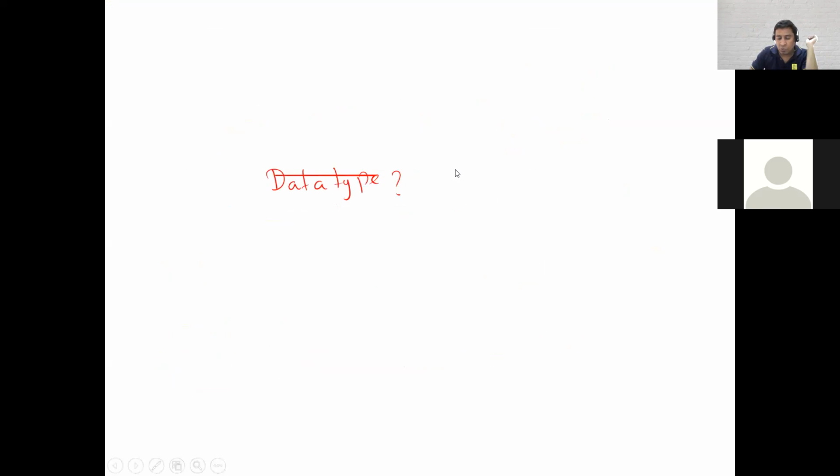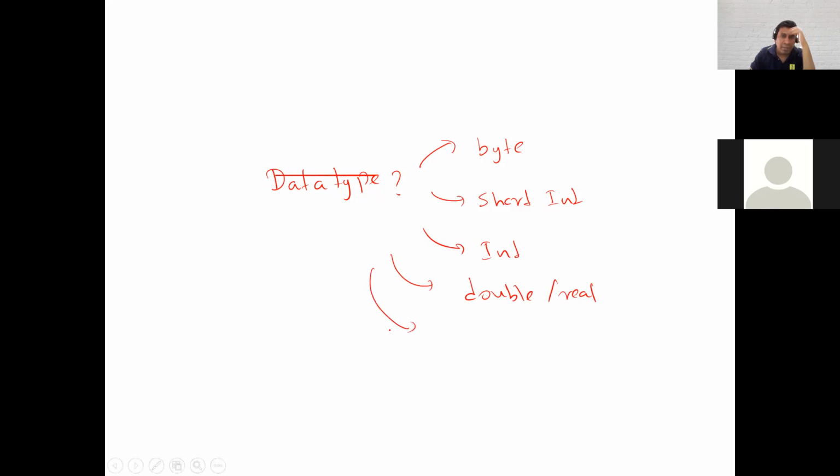Finding a suitable data type is a big challenge because there is a byte, short, integers, double values equal to the real. This one is the smallest. From there onwards you can go up. Actually right now this should be 8, this should be 32, it goes like that.